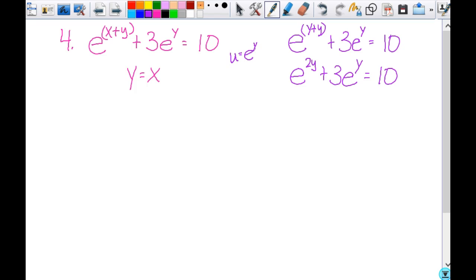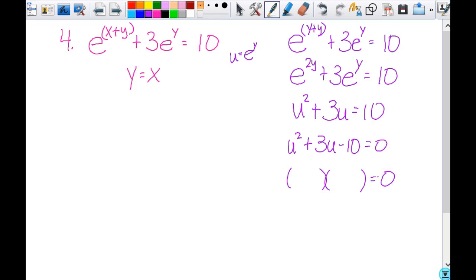If that's true, then this becomes u squared plus 3u equals 10. You can substitute or you could leave it, but this makes it look a little less scary at this point. Would you agree? Okay, so is this something that we would know how to handle now? Factoring? Okay, so this gives me u squared plus 3u minus 10 equals 0.